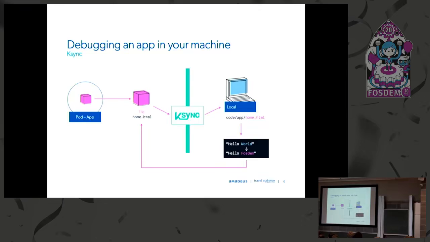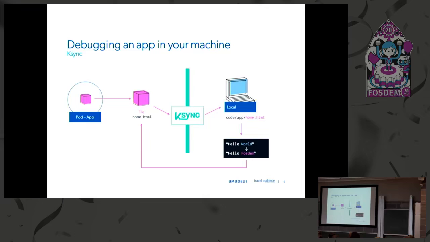So with the tools, I want to start with two that are my favorites. They're the first ones that I got to work, and when I was able to set breakpoints in my IDE on something running in Kubernetes, I thought, oh, this is great stuff. One tool was ksync, and the concept is that you have your file that runs in your pod, and it's just an HTML file, and you build that Docker image, you put that file in it, then you run your pod, and that file is sitting there in your cluster.